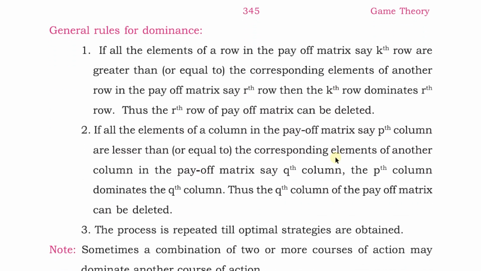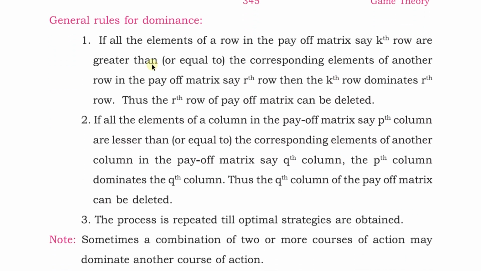So, general rules for dominance. If all the elements of a row in the payoff matrix, say kth row, are greater than the corresponding elements of another row in the payoff matrix, say rth row, then the kth row dominates the rth row. Thus the rth row of the payoff matrix can be deleted.